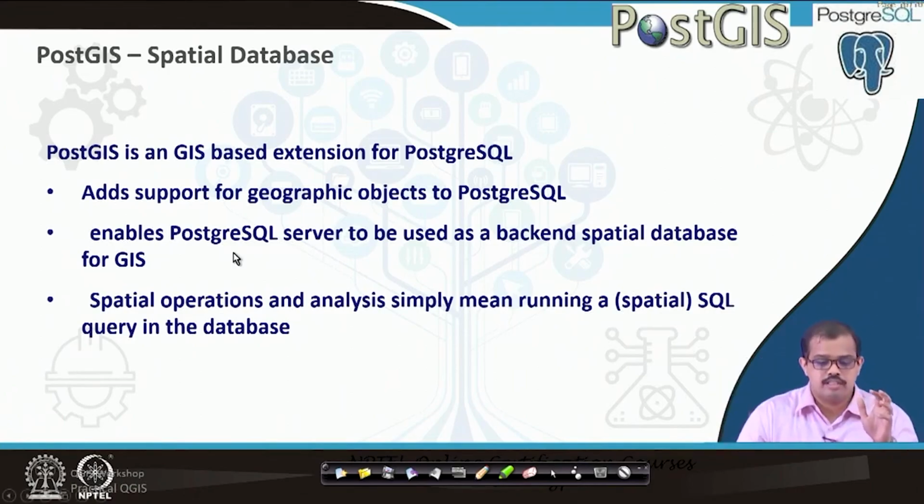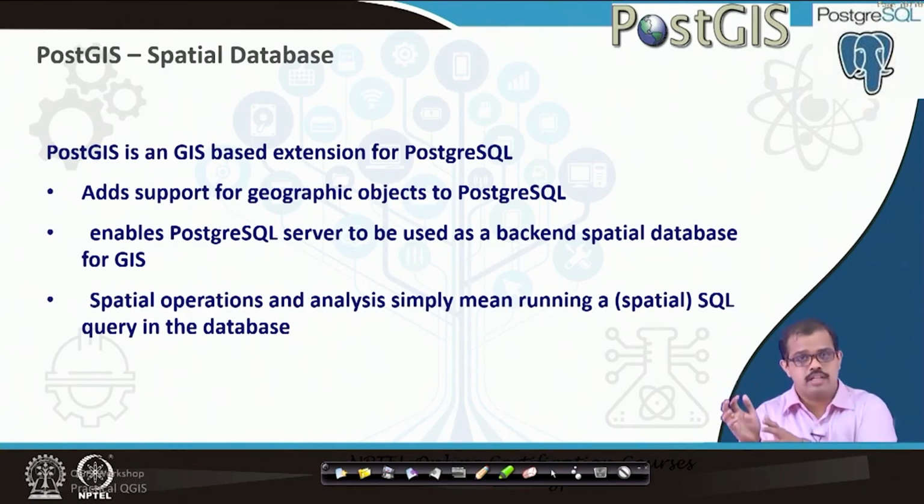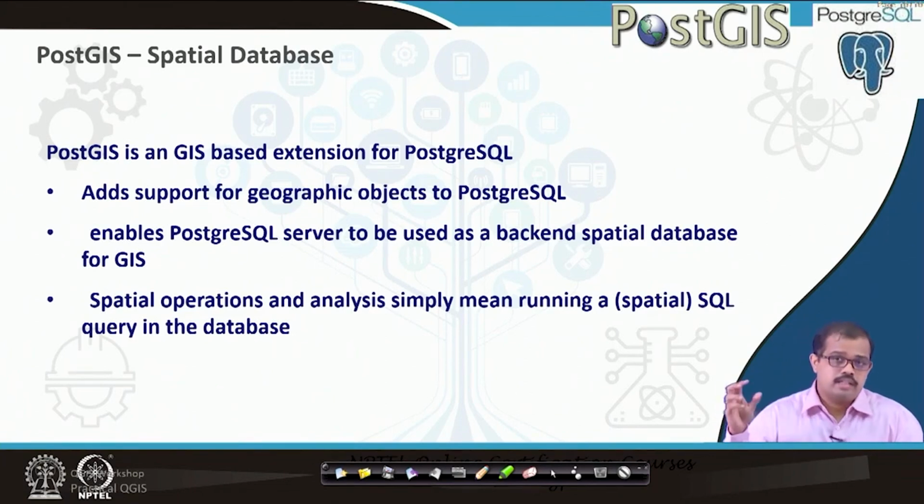It enables the PostgreSQL server to be used as a backend spatial database for GIS. Okay, so PostgreSQL cannot be used as a GIS tool alone, but as a GIS database it has to be connected to PostGIS, so that PostGIS provides the geometric output or the geographical nature, whereas PostgreSQL provides you the database.